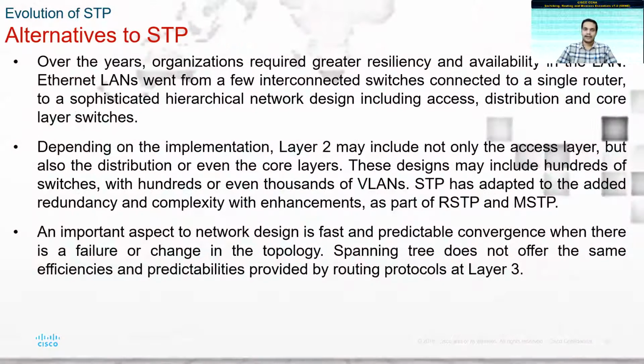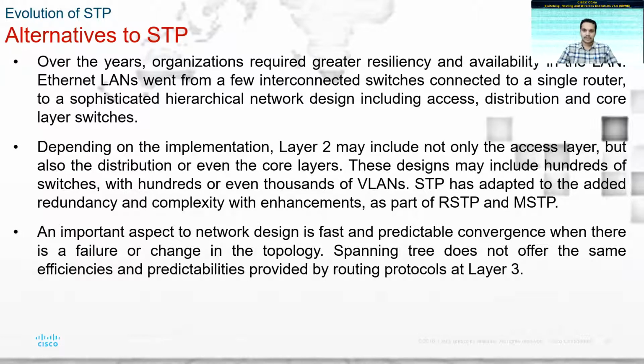Coming to the last slide, what are the other alternatives? Over the years, the network has evolved. Earlier, a network used to have a couple of interconnected switches and then a single router, whereas nowadays we have a sophisticated hierarchical network design, which includes access, distribution, and core layer switches.